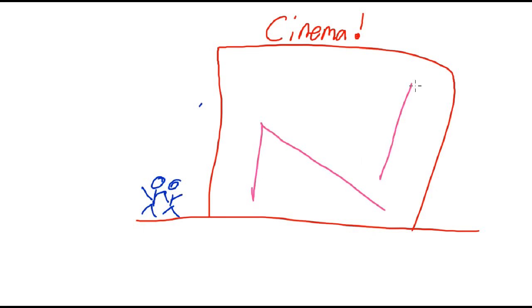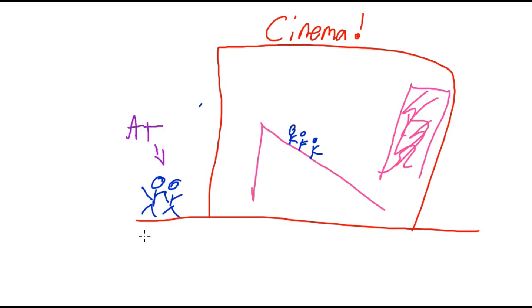They're inside watching the movie. Here's my screen, not very good, and my seats, but you guys get the basic idea. So you have your friends in here sitting watching the movie. And they call you and they say, where are you? And you would say, we are at the cinema.